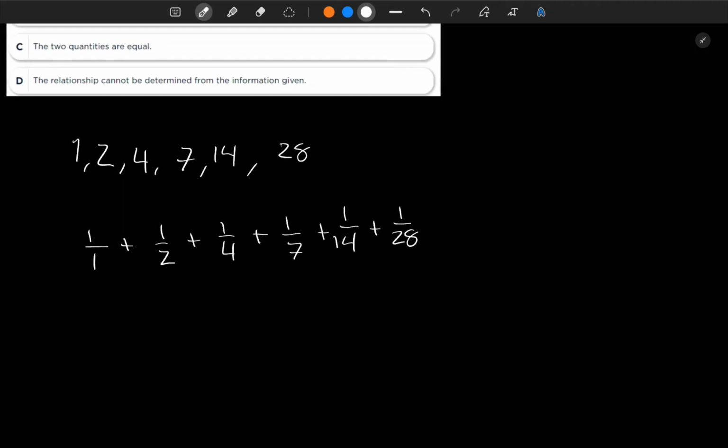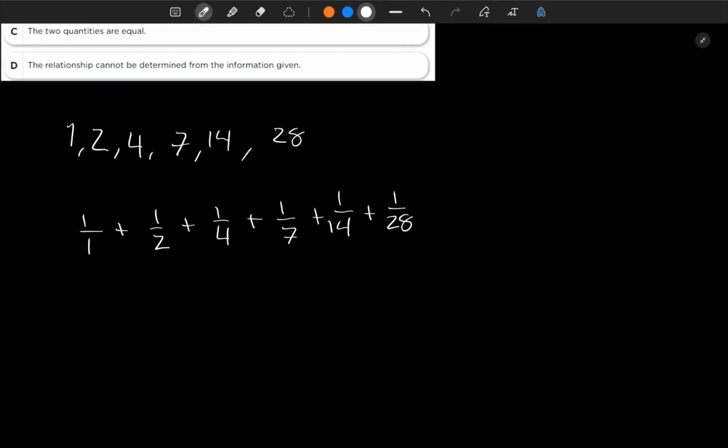So we proceed as follows. We say, well, the first term you can say is equal to 28 divided by 28. Because 28 over 28 is still 1 over 1. It's the same thing. Plus 14 over 28, because you need to multiply 2 by 14 to get 28.